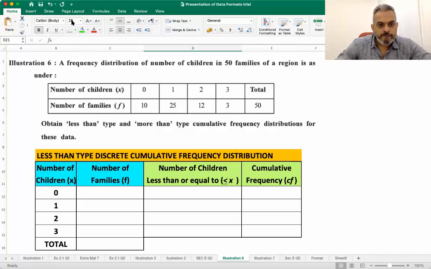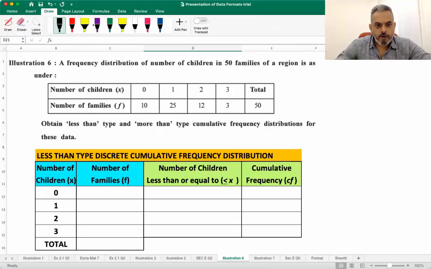A frequency distribution of number of children in 50 families of a region is as under. Number of children are given 0, 1, 2, 3. Number of families are given 10, 25, 12, 3.